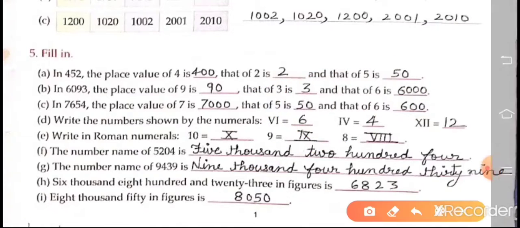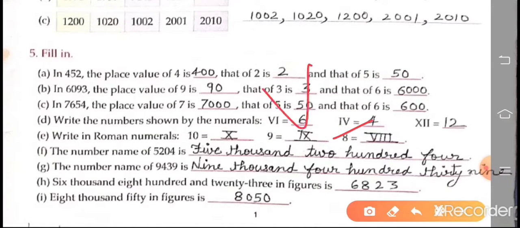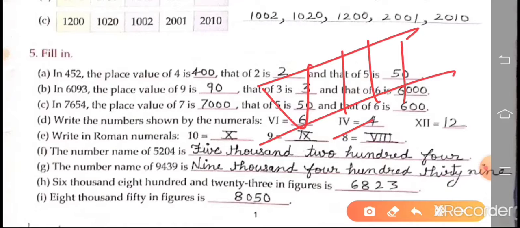Okay, now write in Roman numerals. Numerals are given, we have to write in Roman. So first is 10, so we know 10 is written like this, X. 9, so IX, and 8, so VIII. This is 8.